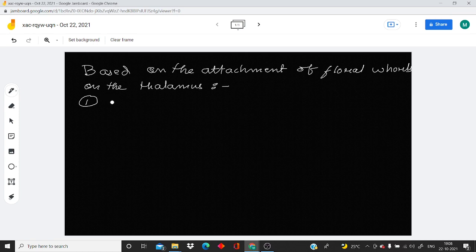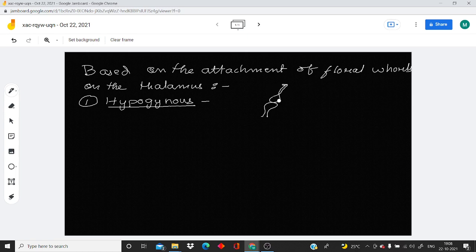The first one is called hypogynous. Hypogynous flowers, when all the whorls are below the ovary. That means if we draw the flower, this is the thalamus and this is the ovary.